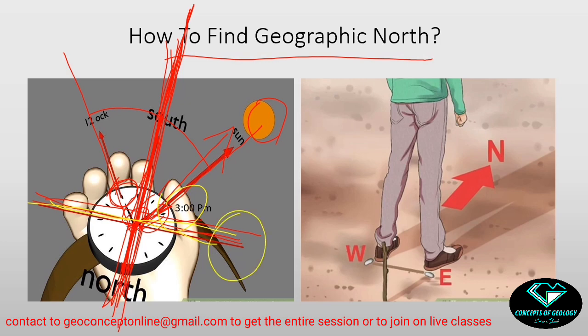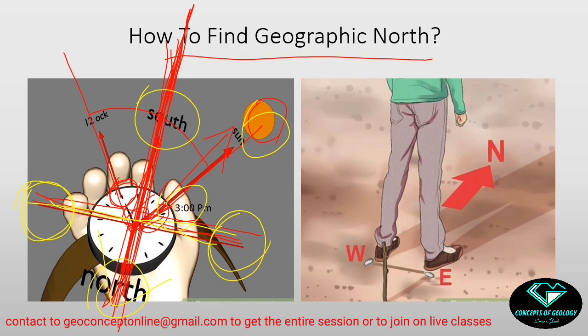So this end will be west because the sun is here now. Okay, this end will be east, and when this is east and this is west, this end will have to be south and this end will have to be north. So my north arrow will be like this. I can have the north direction, the true north direction, the geographic north direction from a wristwatch in a field.